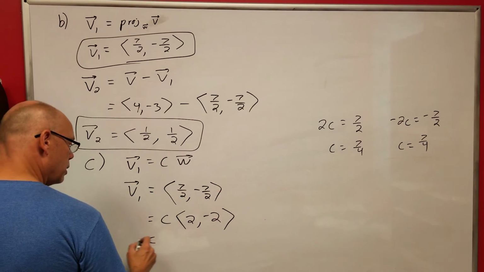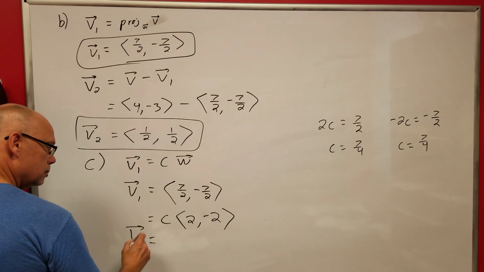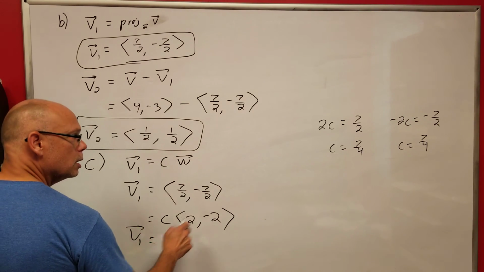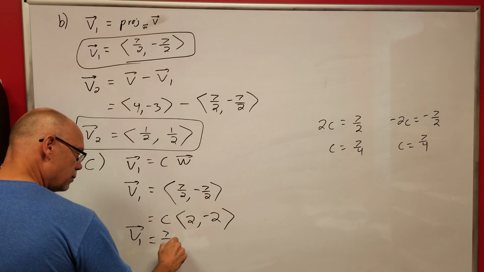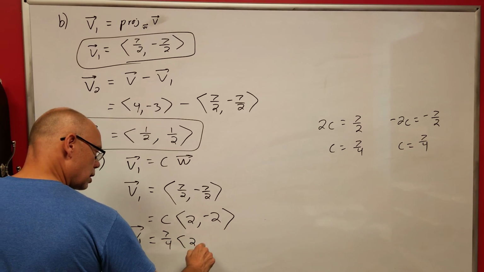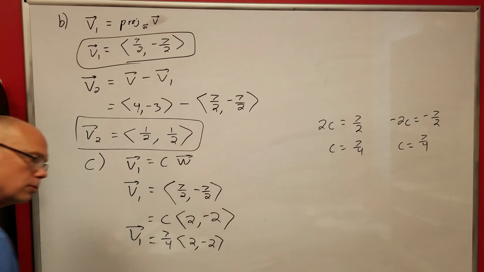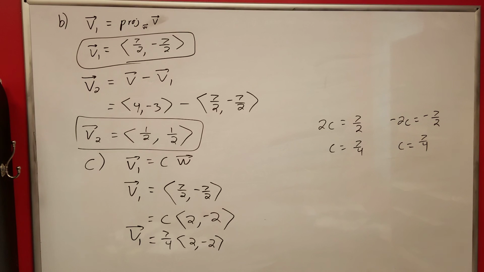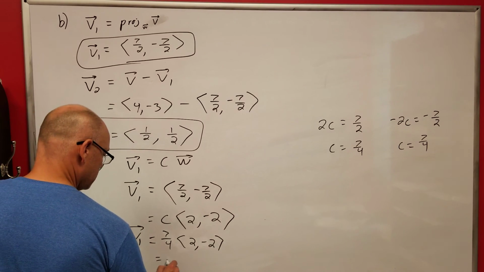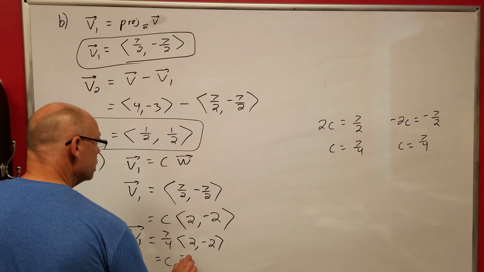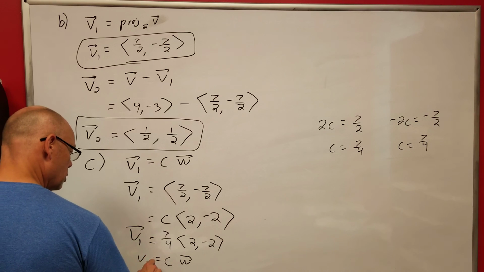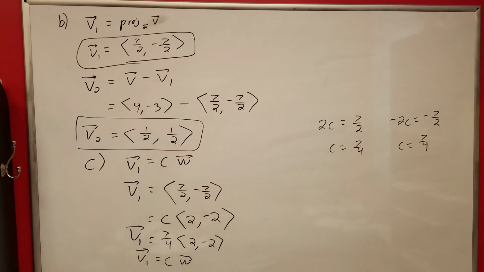So what do I have? I have V1 can be equal to 7/4, my C value, times 2 comma negative 2, right? So now this is written in the form C times vector W. So V1 is equal to C times vector W.